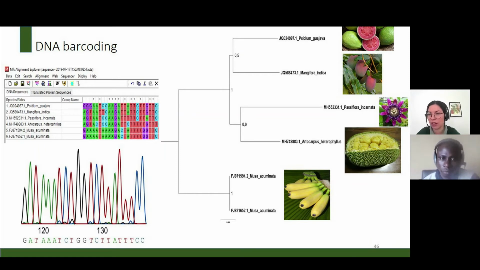And the variation between two different species will be very high, so that you can really differentiate them. Inside the same species you don't expect much variation in these barcode regions, but between different species we expect a lot of variation.